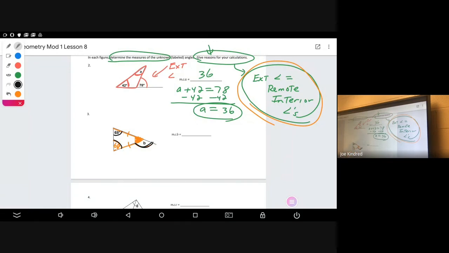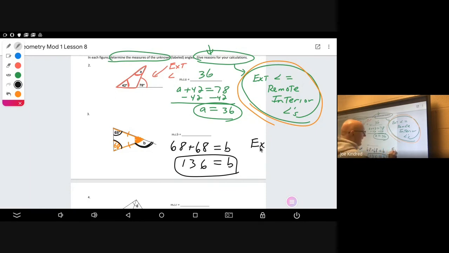So in this one, I could actually do a couple different things, but this is probably the easiest still. 68 plus 68 is equal to B. And so we get the answer of B is equal to 136. 68 plus 68, and the reason is because exterior angles are equal to the remote interior angles.